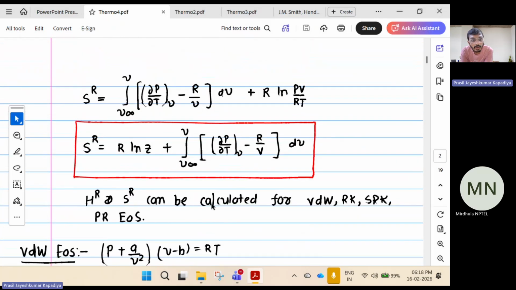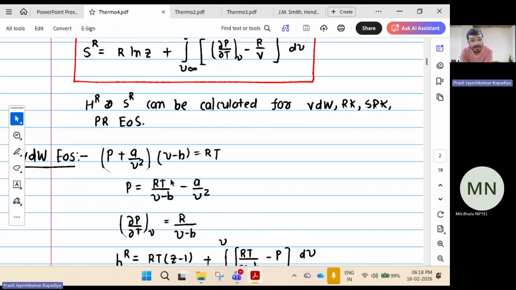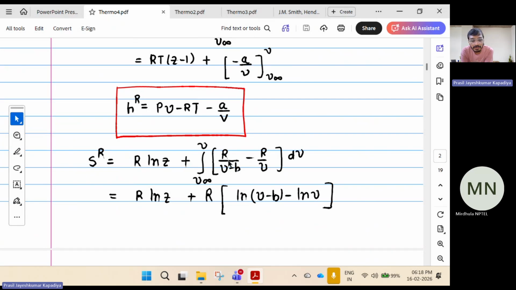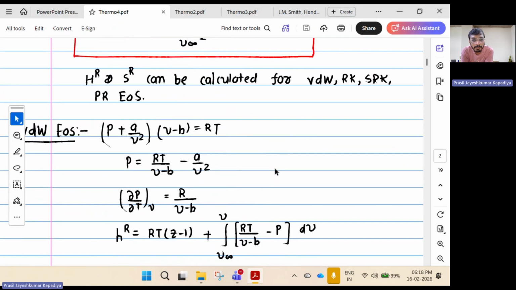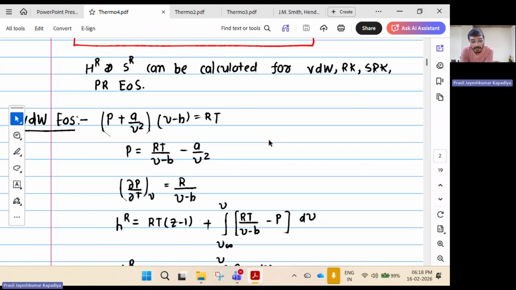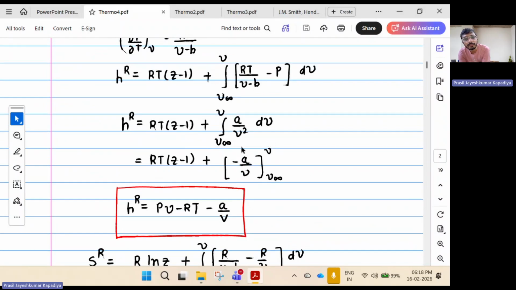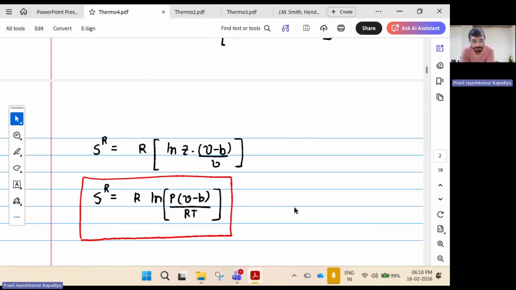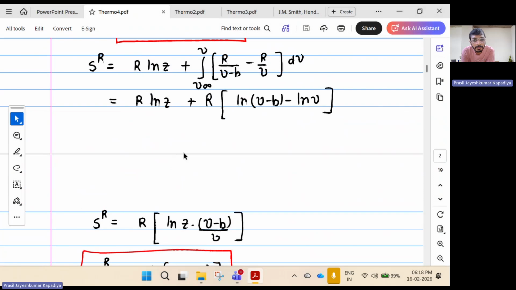It will be R into ln Z. That term will be as it is, and del P by del T will be R divided by V minus B. So R divided by V minus B, minus R by V, dV. The same term I substituted, and then it's just integration: ln (V minus B) minus ln V. If I combine all these logarithmic terms, plus will be multiplied and minus will be divided.